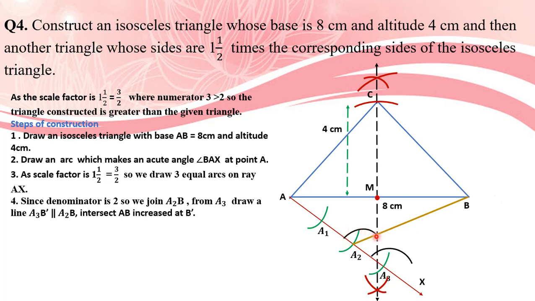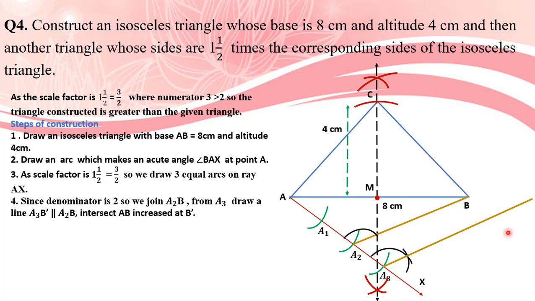So open the compass and measure the angle in the compass and place the pointer at this point, and cut the arc which intersects the AX ray. So here we are drawing the same angle at A3 as at A2. Whatever the measurement of the angle at A2, we construct the same measurement of angle with the compass, and this point A3 we join with this intersection point, and this angle at A3 is equal to the angle at A2, and then we draw the line exactly parallel to A2B.